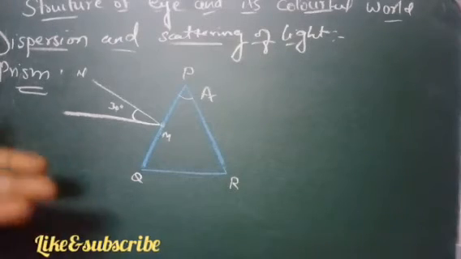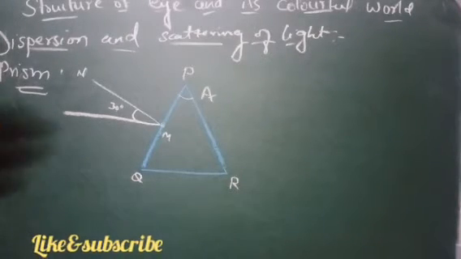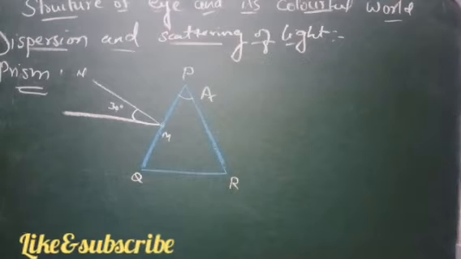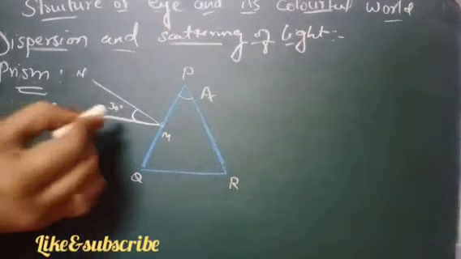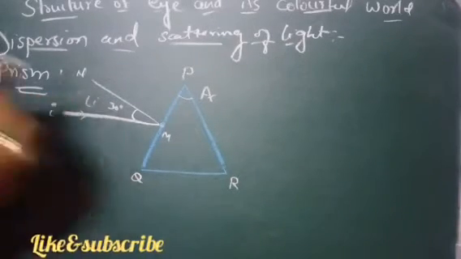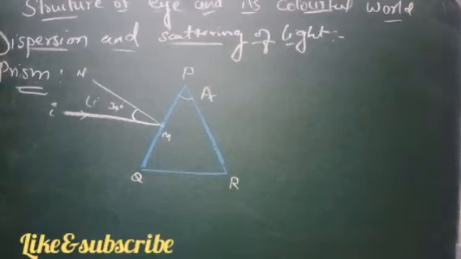Similarly we will do it with different angles also. First we will see the angle of 30 degrees. This line is the incident ray, and this is the incident angle, 30 degrees. Now we will place the prism on this.